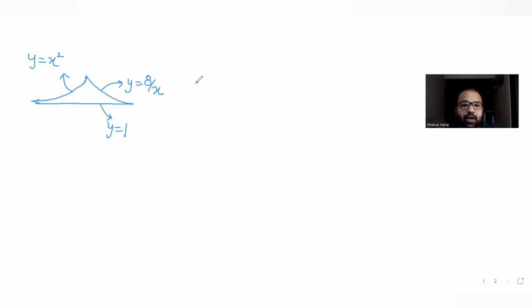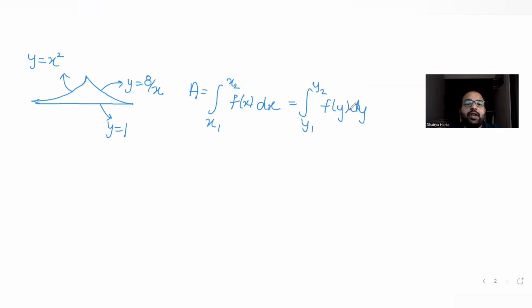Let's find out. So the area enclosed between the curves is given by the formula: limits going from x1 to x2 of f of x dx, or it is also given in terms of y1 to y2 of f of y dy. Now we need to first understand whether we need to take a horizontal strip or a vertical strip.